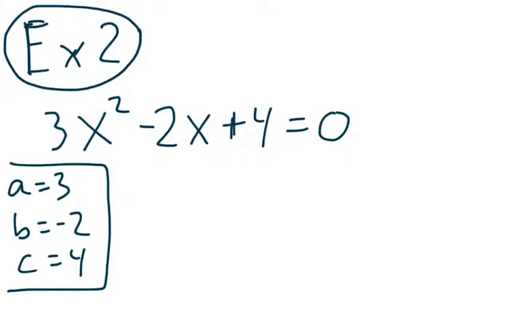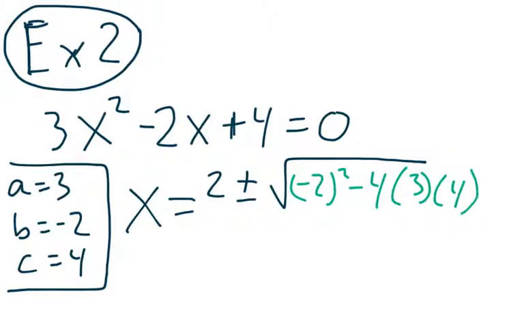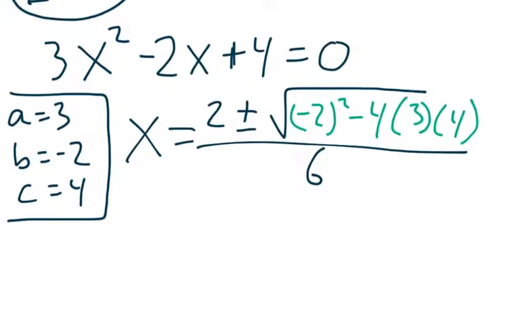Next one. 3x squared minus 2x plus 4 equals 0. So here's my a, b, and c. Let's go ahead and work it out. So x equals 2, because it's negative b, so negative negative 2, plus or minus the square root of b squared, so negative 2 squared, minus 4 times a times c, which is 4, then all over 2a, so that's 6, 3 times 2.